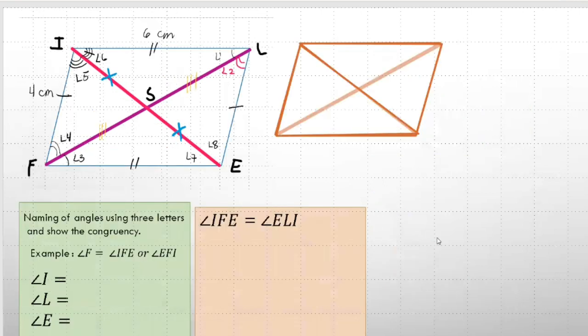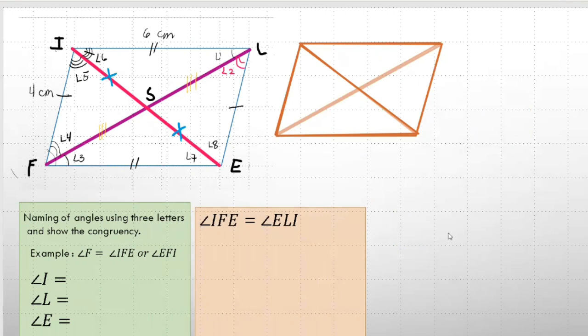Okay, so the congruence or the equal angles natin. Okay, so if you can see here, ang ating naming of our angles is one letter. So meron tayong angle F, angle I, angle E, and angle L. Okay, but in naming our angles, we can also use three letters.